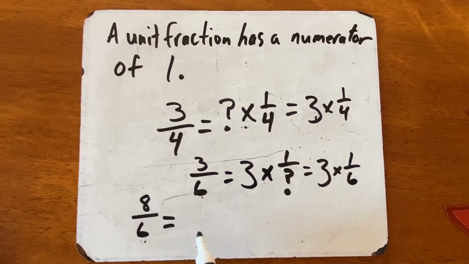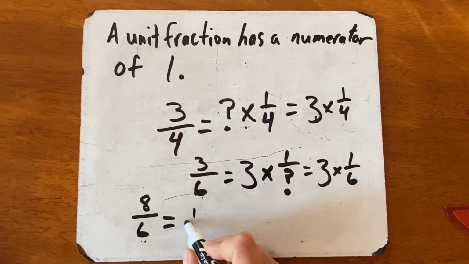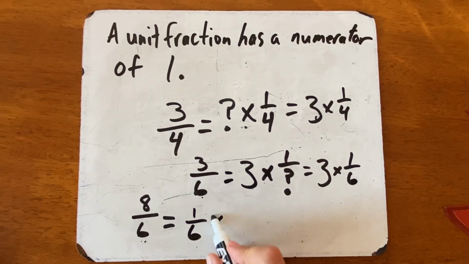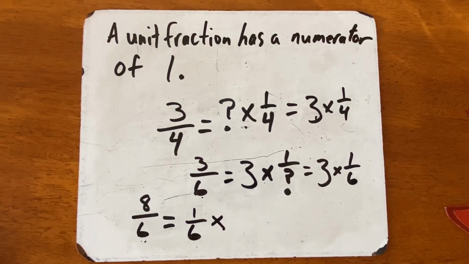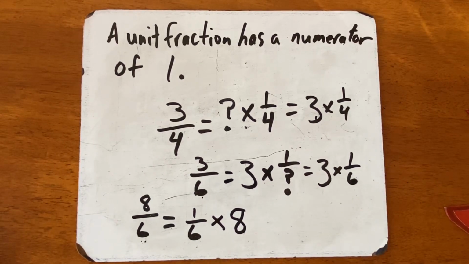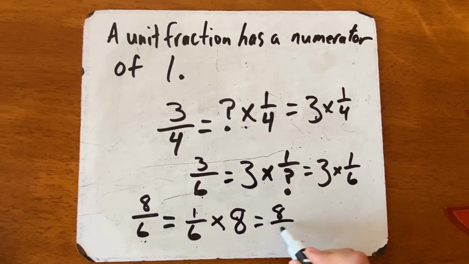It has to be 1/6. Okay? And then from there, what's the whole number going to be? How many parts of 1/6 do I have? That's what the numerator tells us, right? So this is going to be 8. If you multiply this times this, you get 8/6, which equals 8/6. Okay?